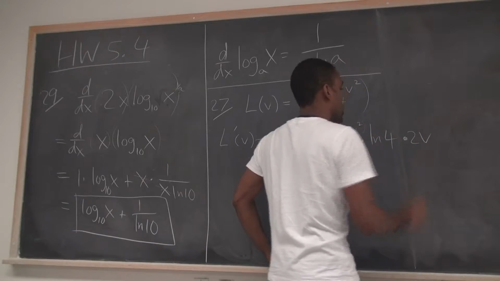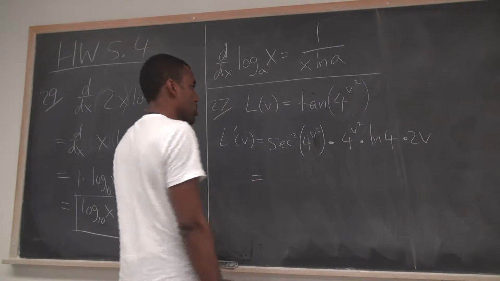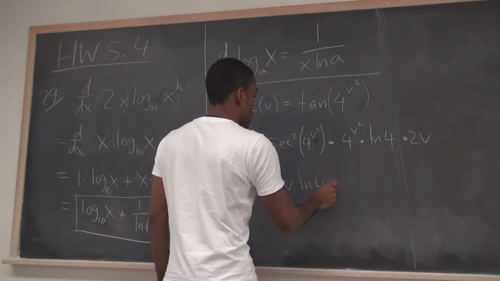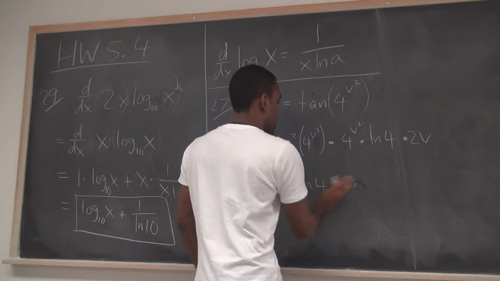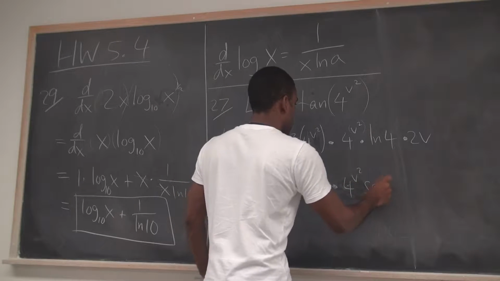So it's 2v. So nothing much to do here. I can rewrite it though. Something like 2v ln 4 times 4 to the v squared times secant squared.